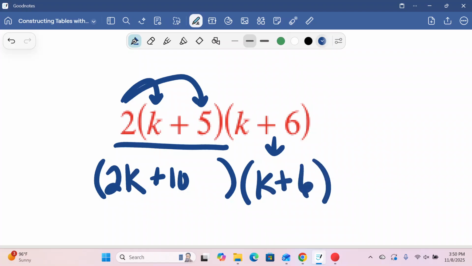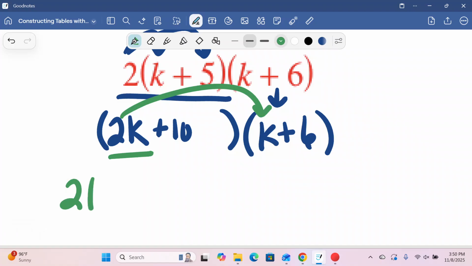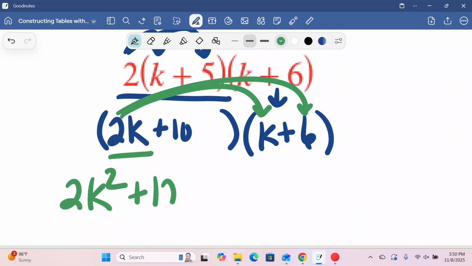Now I have our distributive property 2 times, which is our FOIL method. So I'm going to underline this, and I'm going to distribute to the k. So I'm going to move it up a little. So 2k times k is 2k squared. I'm going to write it right here. And then I'm going to distribute the 2k to the 6, and that gives me positive 12k.